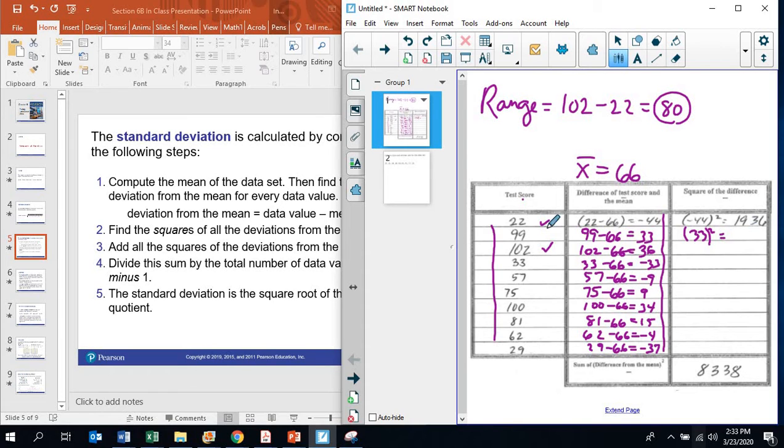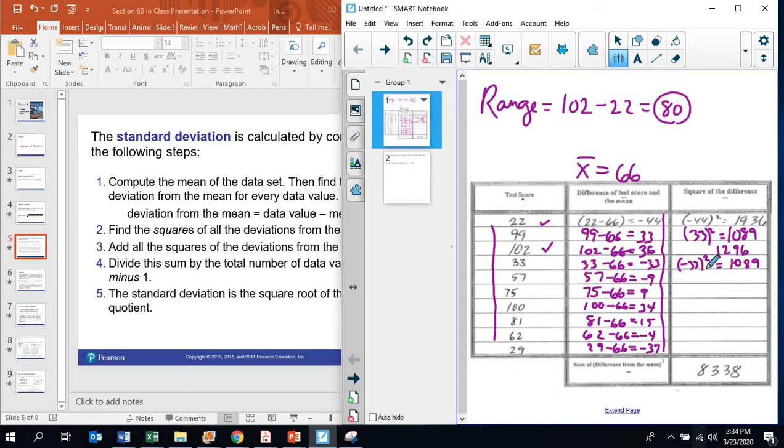So now what we need to do is square our deviations. 33 squared gives us 1,089. When you square 36, you get 1,296. When you square negative 33, remember, if I plug it in my calculator with parentheses, that's negative 33 times negative 33, which gives you positive 1,089.